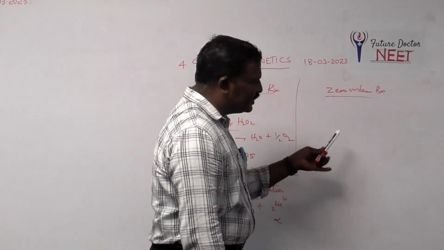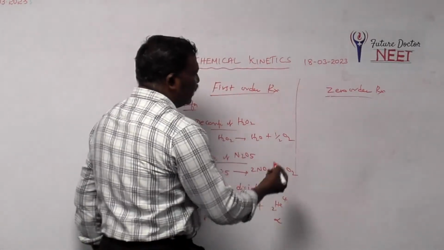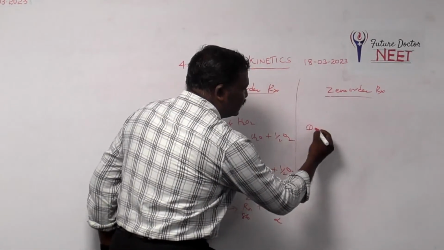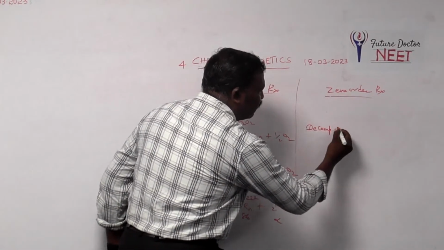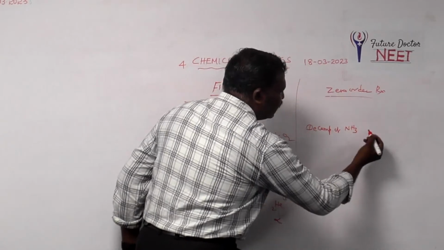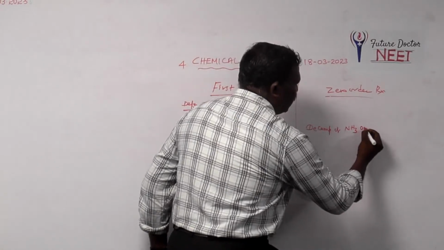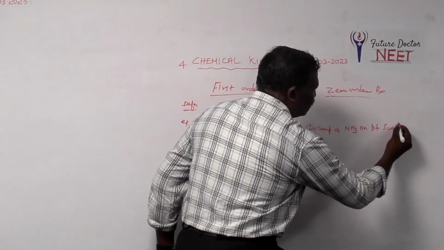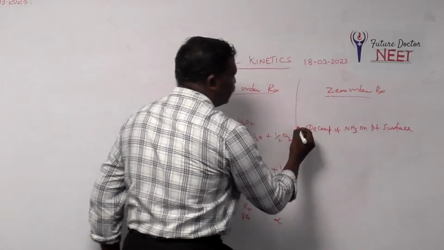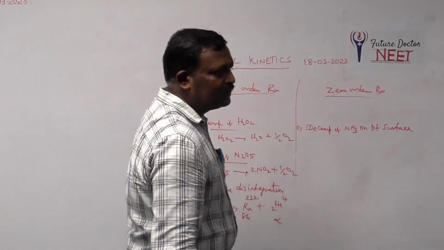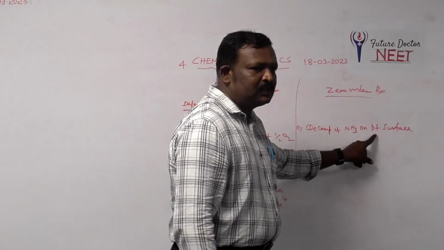Best example here is also decomposition: decomposition of ammonia on a platinum surface. Who is the catalyst? Platinum is the catalyst.